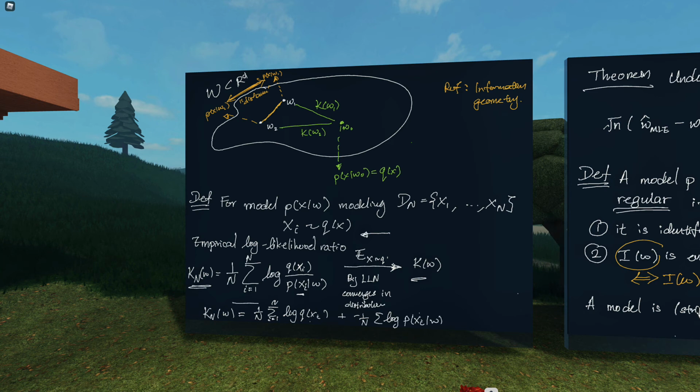Well, the second term is just the average log loss. The log likelihood is in here and it's negative, and taking an average of this gives the average log loss. And the first expression is the empirical estimate of the entropy of the true distribution.